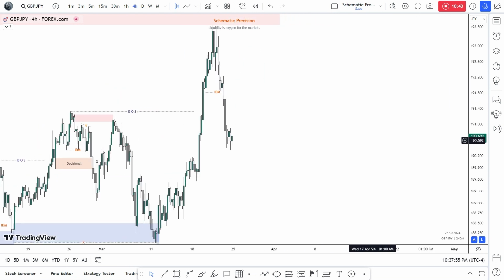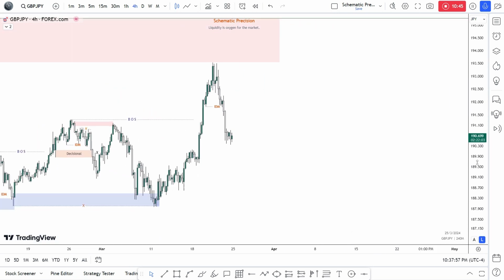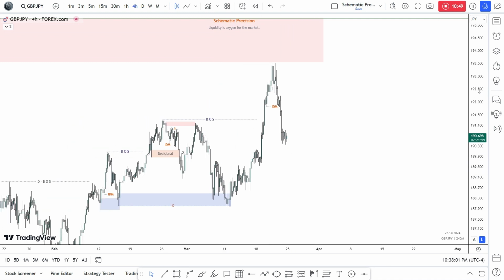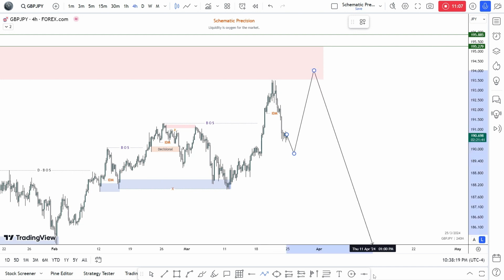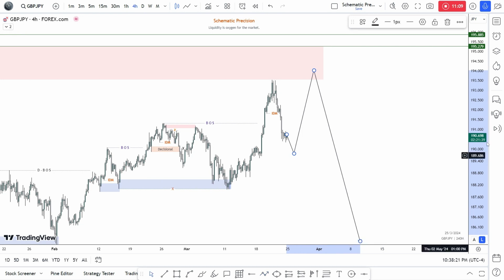So what I'm expecting is price can come down right now, but I'm expecting one more surge to the highs here, taking out this high before going down. So this week we might see some push down, taking the lows of the previous week, then going higher, most probably, and then falling to the lows.